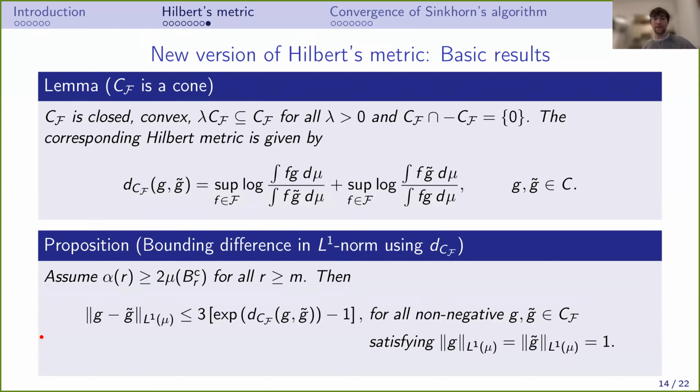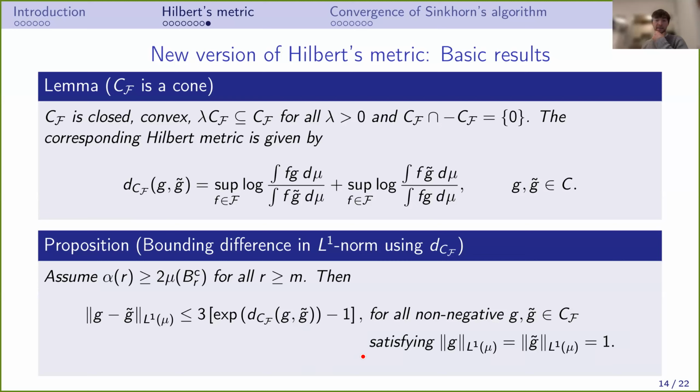So one good sanity check is that we can bound really frequently used distances with this metric. For instance, we can bound the distance in the L1 norm for two functions g and g tilde using this Hilbert metric between g and g tilde.